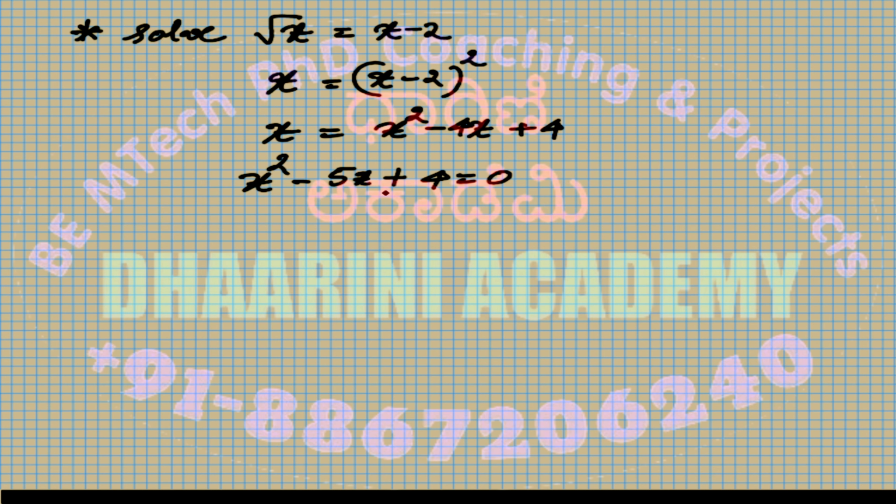The product of roots should be plus 4 and sum should be minus 5. Okay, so that means x minus 1 into x minus 4 is equal to 0. So roots are x is equal to 1 comma 4, right?